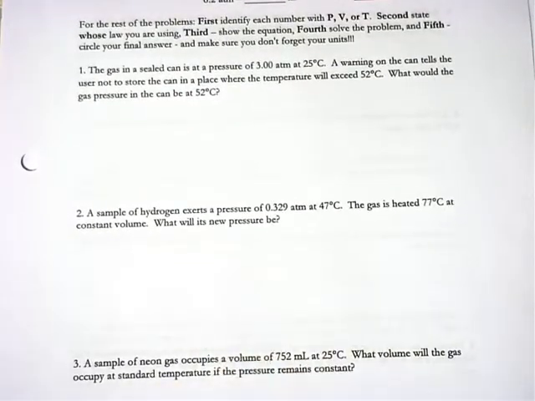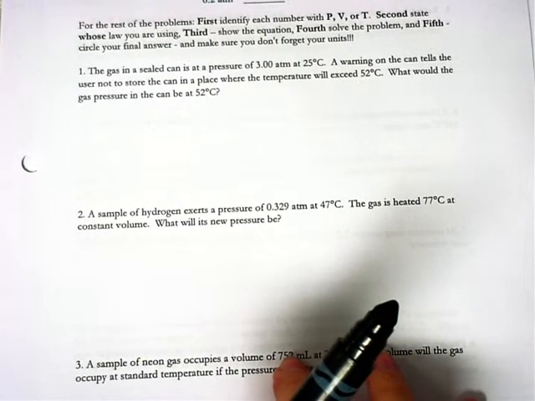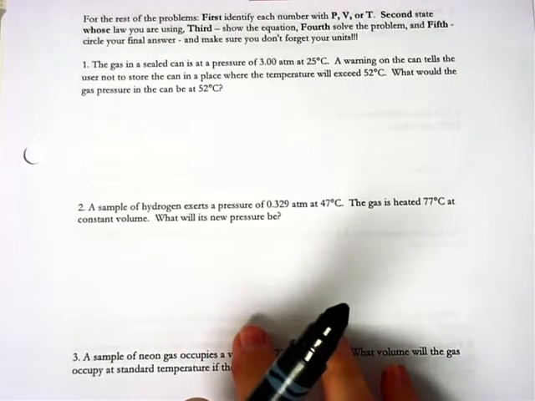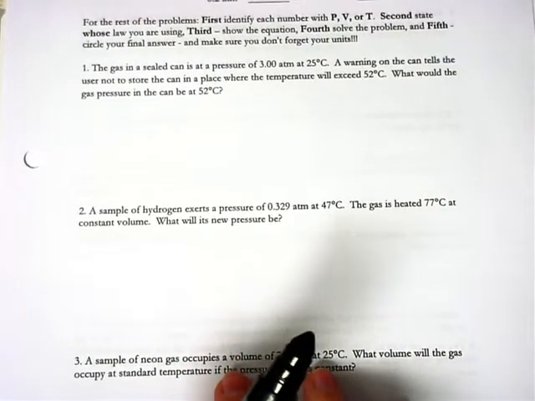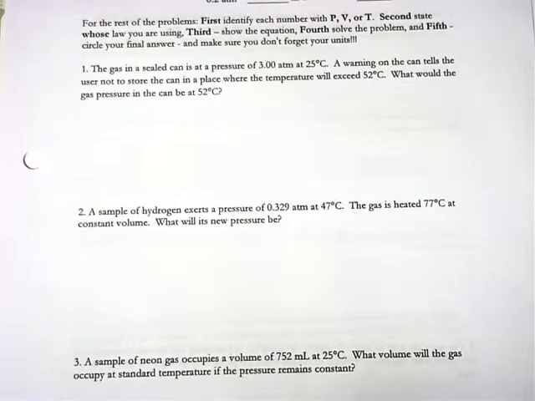And they give us instructions. It tells us first we want to identify each number with a P, a V, or a T. So let's do that first. Let's look at number 1 and do our step number 1. It tells us the gas in a sealed can is at a pressure of 3 atmospheres. Is that a number?